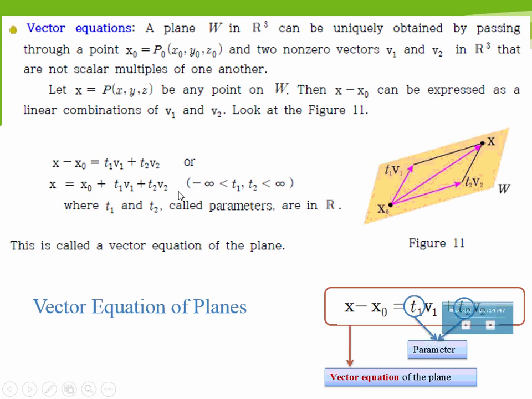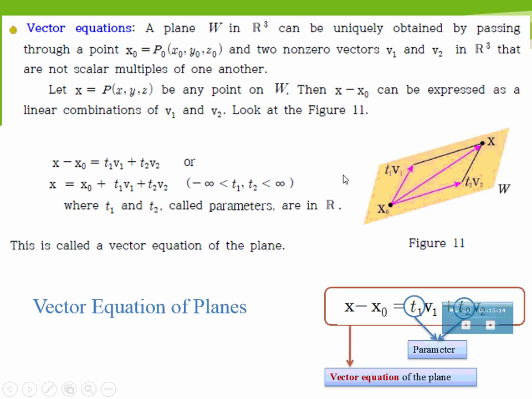So any vector on this plane, let's say x minus x naught, is any vector on that plane that passes through this point. For any point on the plane W, you can draw a vector which has that direction and passes through this point x0. This vector can be written as a linear combination of v1 and v2.